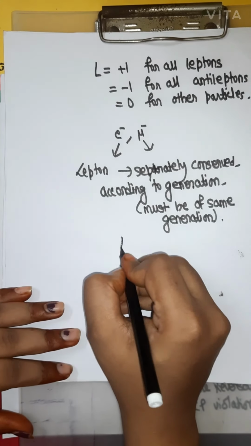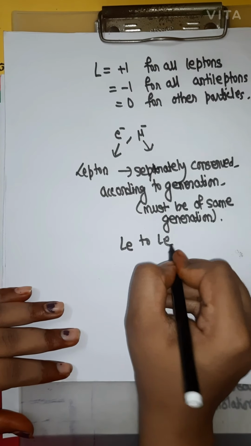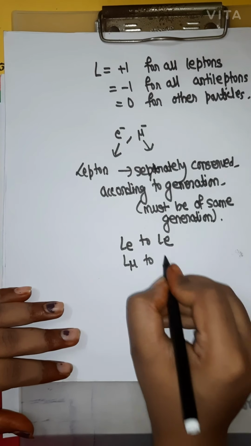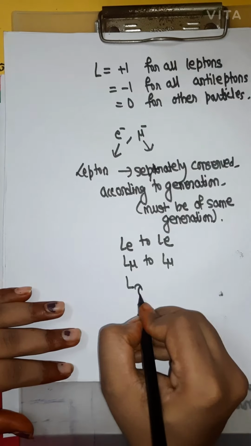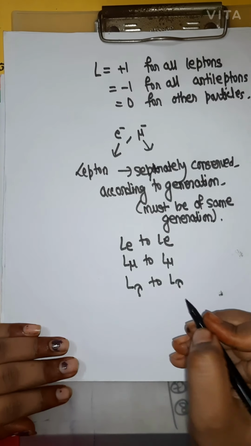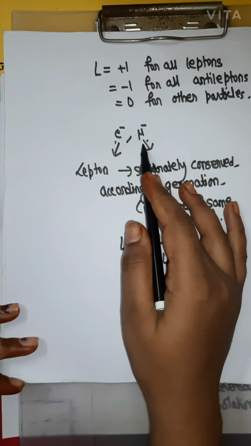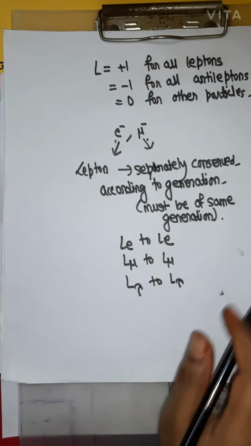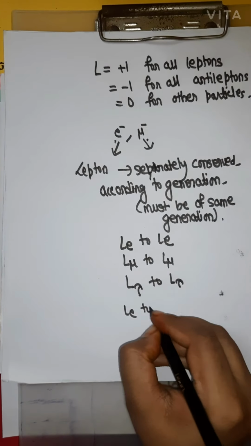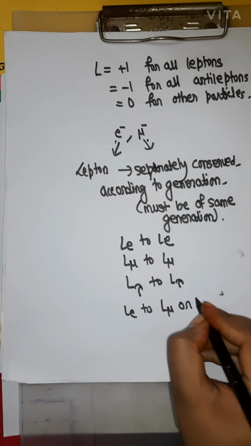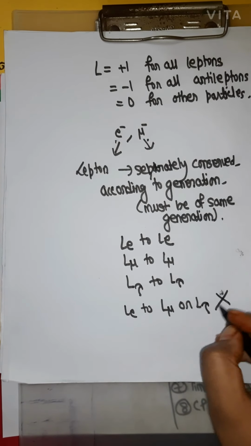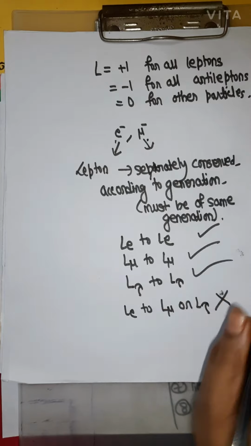So we will check for Le to Le conservation, L mu to L mu conservation, and L tau to L tau conservation. Electron to muon or tau, muon to tau or electron, or any other thing is not possible. That is, Le to L mu or L tau is not possible, but these all are possible.